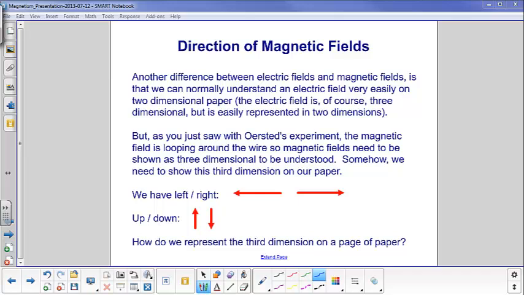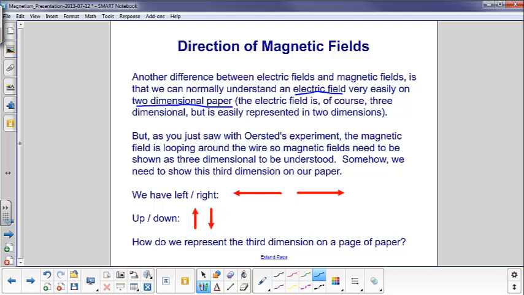Earlier I talked about the three-dimensional nature of magnetic fields. Well, you could see it on that current carrying wire that we just covered, where the magnetic field went in circles around it. Electric fields we can very easily understand on two-dimensional paper. The electric field, of course, is three dimensions.